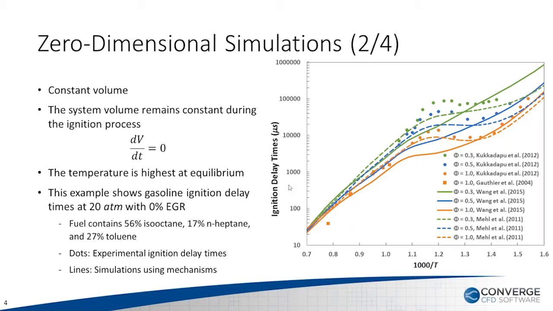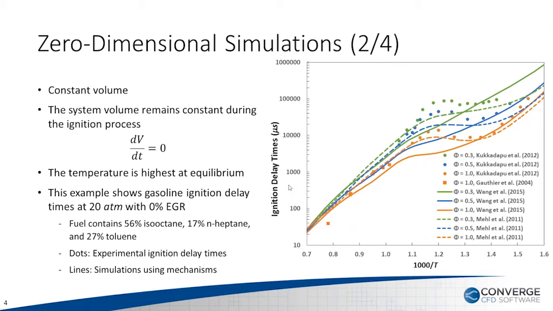On the right is an example. Let's say we have 2 mechanisms, one from Wang 2015 and another from Mehl 2011. For some conditions, how do we know which mechanism performs better for the case you are trying to solve? You can run a 0D constant volume case and plot the ignition delay against temperature.